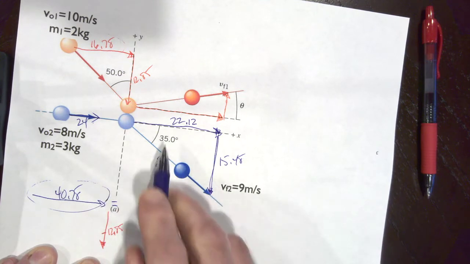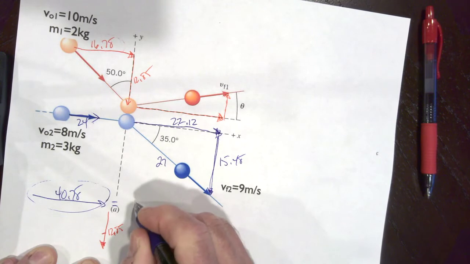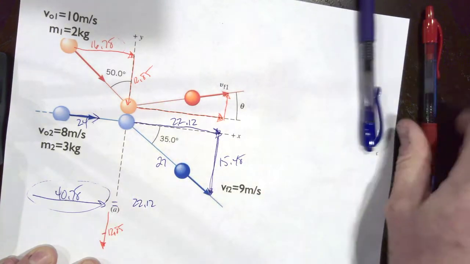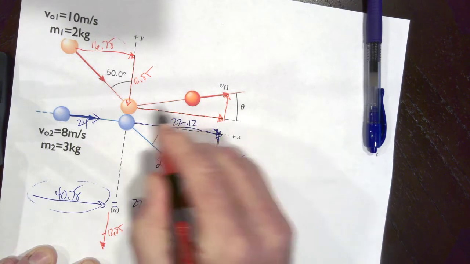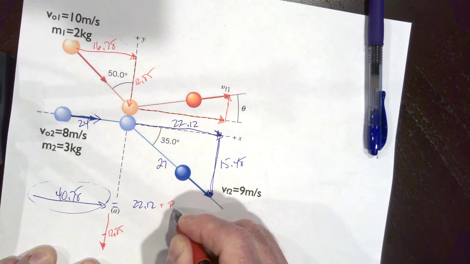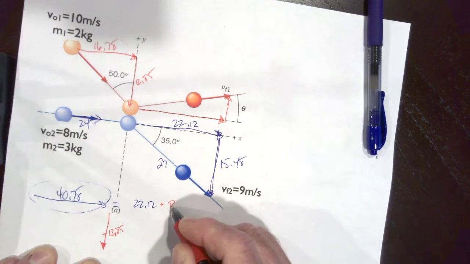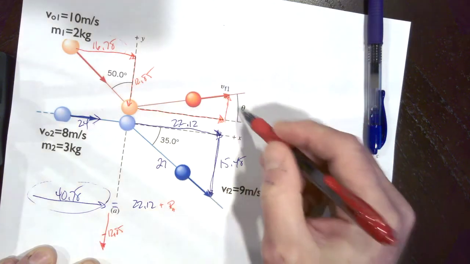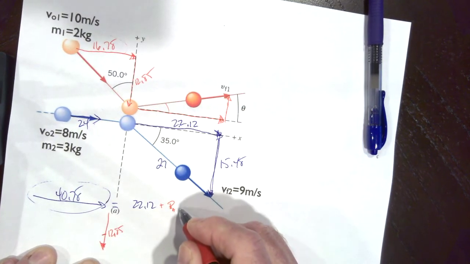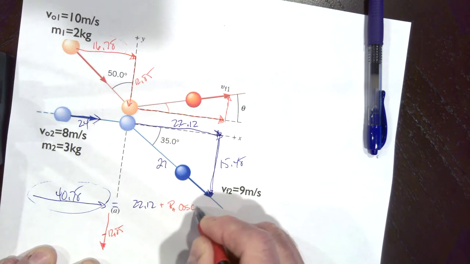That has to equal 22.12, which is the x component of the blue guy, plus the momentum of the red guy. We'll just say P sub A, P after, and I'm given this angle, so it would be P after cos theta.